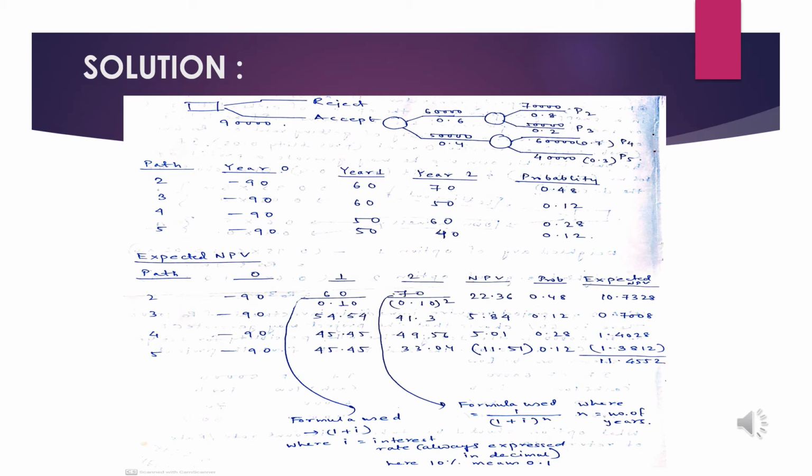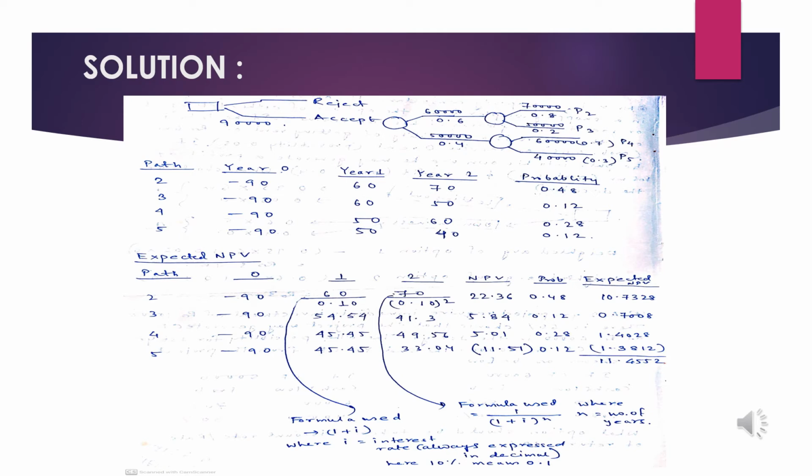So that 90,000 comes in the decision node, which has two options: the organization can reject the entire project, or accept the entire project and invest 90,000.